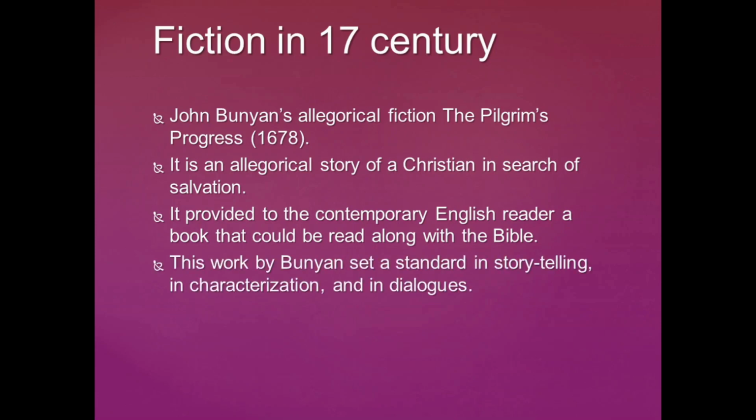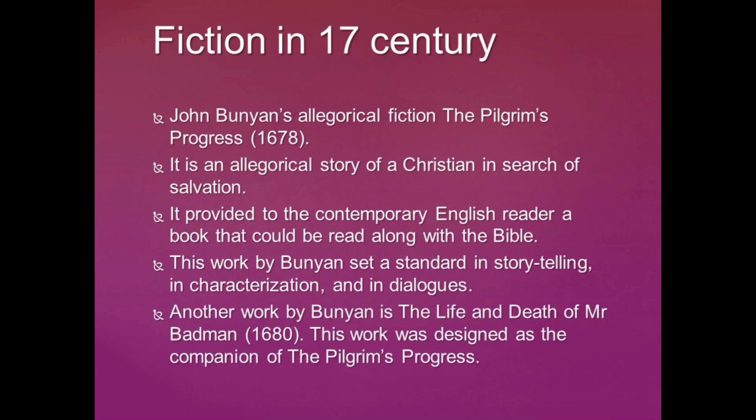This work by Bunyan set a standard in storytelling, in characterization, and also in dialogue writing. Another work by John Bunyan is The Life and Death of Mr. Badman, published in 1680. This work was designed as the companion of The Pilgrim's Progress.